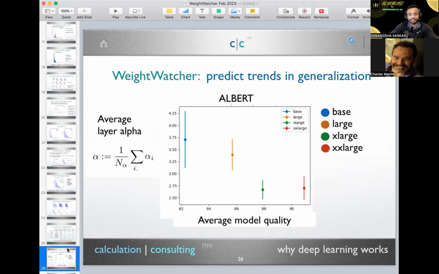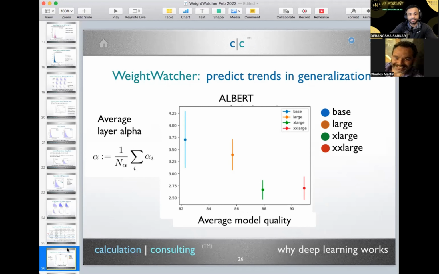So let's just define something very naive. Let's take the alpha for each layer. We're going to take each weight matrix, fit it to a power law distribution, and get this alpha exponent for each layer in Albert.